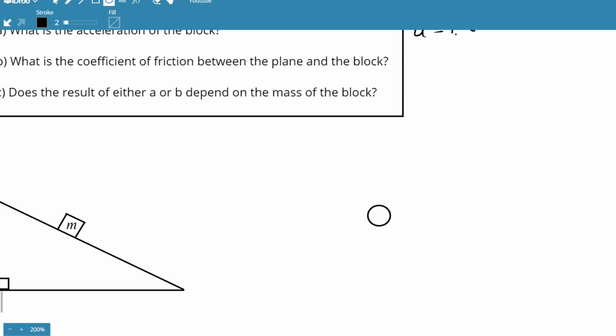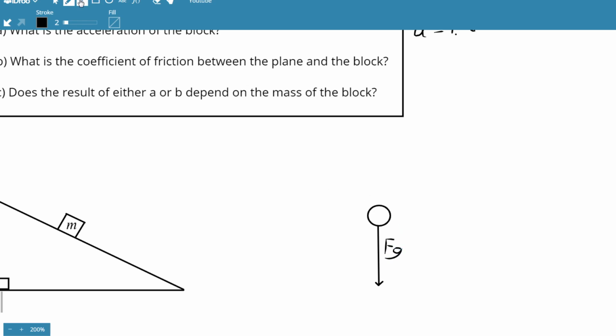Then we'll put it on the inclined plane later. So as we see on this inclined plane, we have, well, first of all, let's just put gravity, because it's on Earth, so it has gravity. I'll put it as Fg.